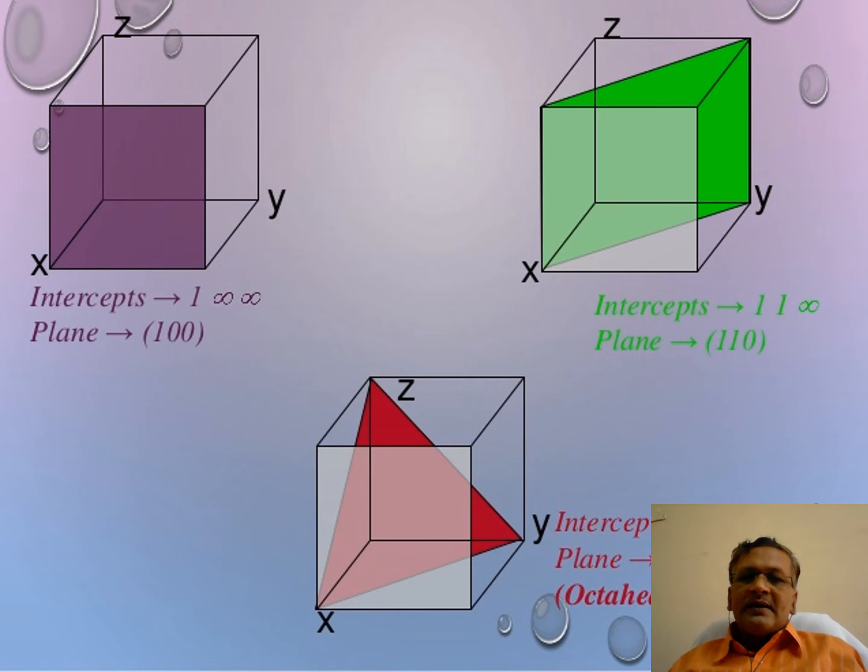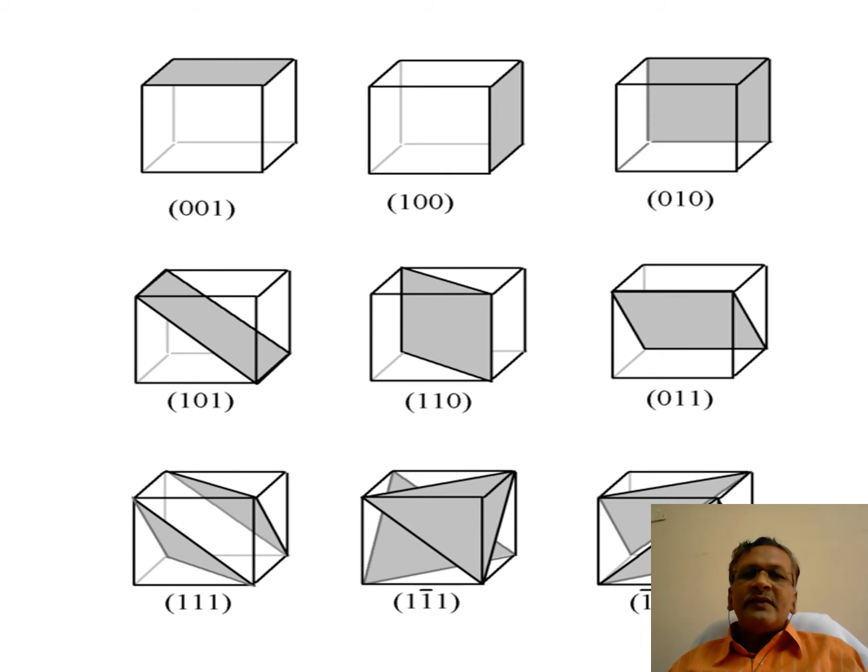Then take the red colored unit cell. Its intercept along the x-axis is 1, y-axis is 1, z-axis is 1. Therefore 1 by 1, 1 by 1, 1 by 1, and the Miller indices are (1 1 1). Now there are various examples of how to write the Miller indices for these planes.